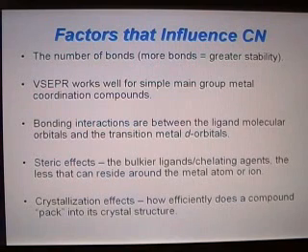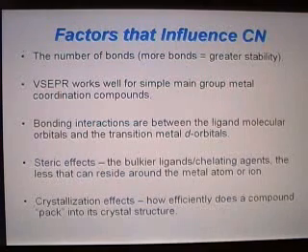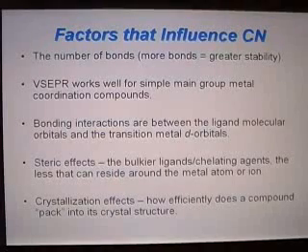You'll find that VSEPR works very well for simple main group metal coordination compounds. However, when you're looking at transition metals, the bonding interactions are between ligand molecular orbitals and the transition metal d orbitals.